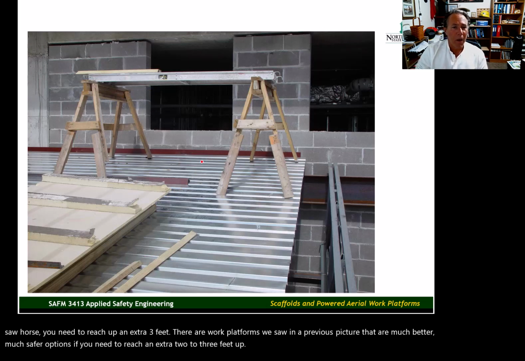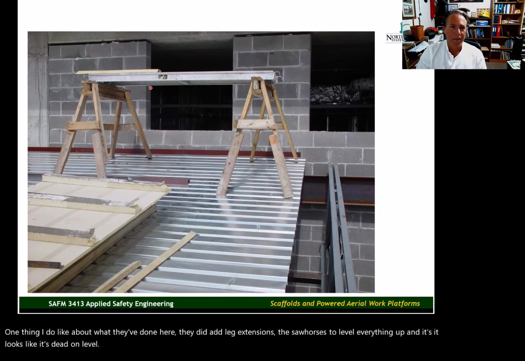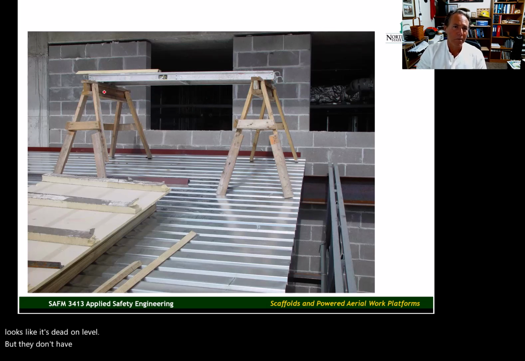Now, one thing I do like about what they've done here, they did add leg extensions to the sawhorses to level everything up, and it looks like it's dead on level. But they don't have the correct platform for this setup. OSHA does allow the use of sawhorses as scaffold frames, but you need to have the right kind of platform.